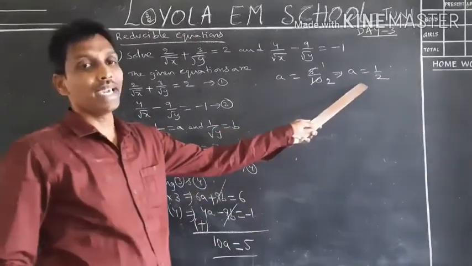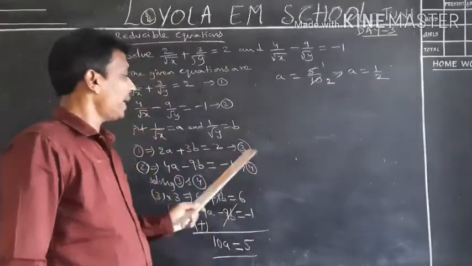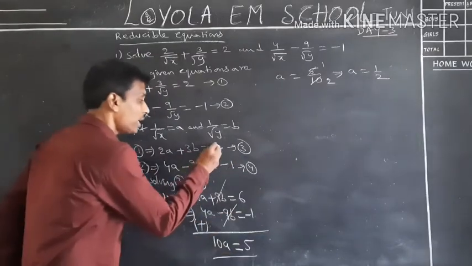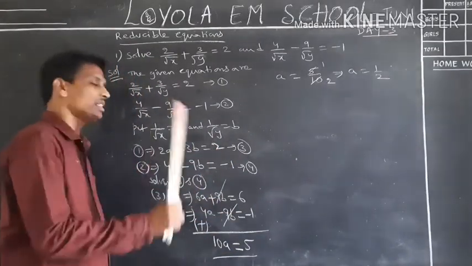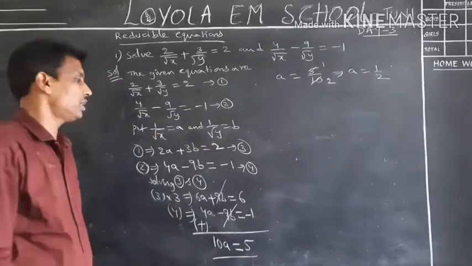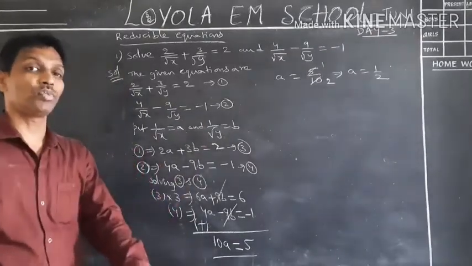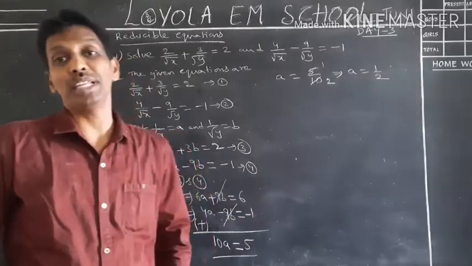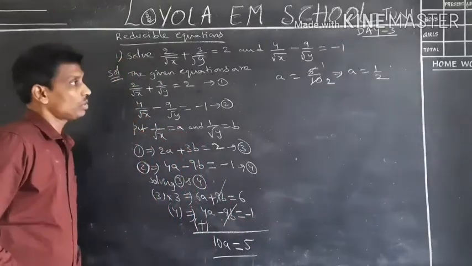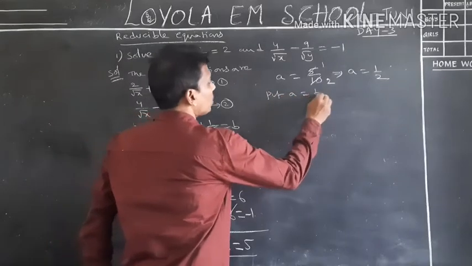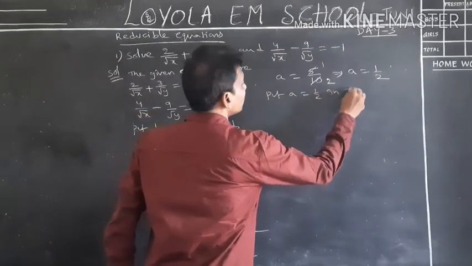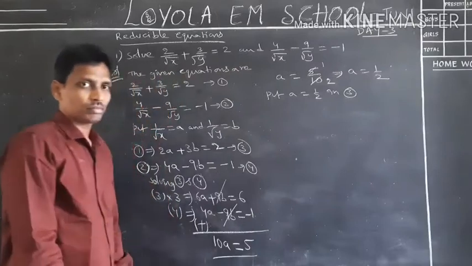On substituting a is equal to 1 by 2 either in the third equation or in the fourth equation, that is your wish. If you want to substitute in the third equation, you may substitute in the third equation. No sir, I want to substitute in the fourth equation, then you may substitute in the fourth equation. So put a is equal to 1 by 2 in the third equation.